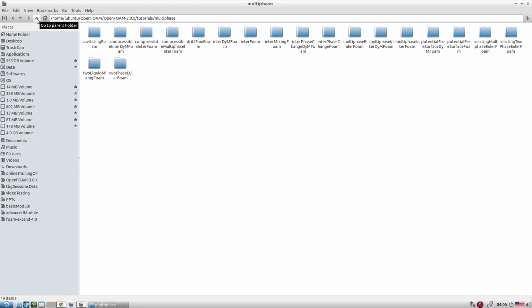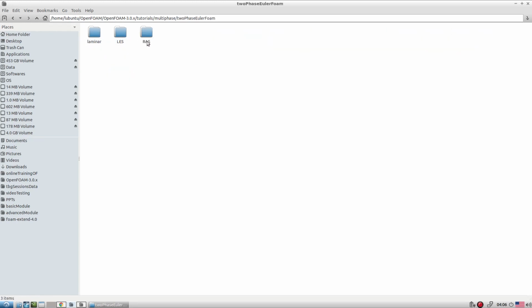In a similar line, for the twoFluid Eulerian foam we also have LES based and RAS based modeling. So RAS based fluidized bed and bubble column, the same way LES based bubble column, and the laminar bubble column, fluidized bed, and injection and mixing vessel are available. You can explore it from this area.